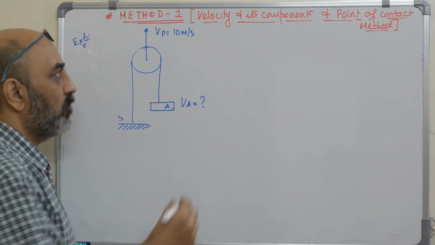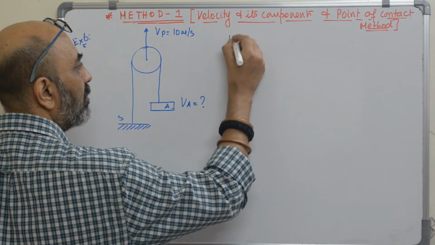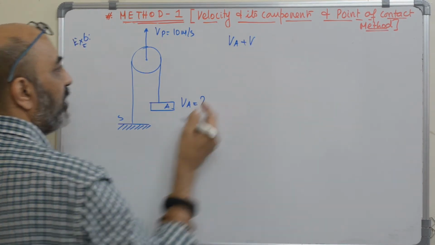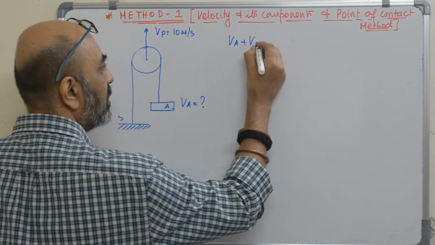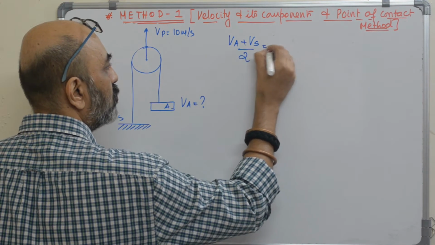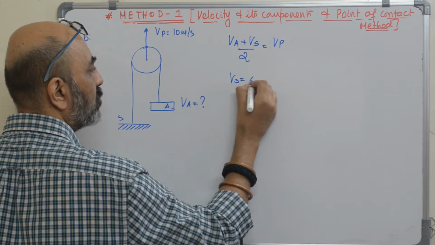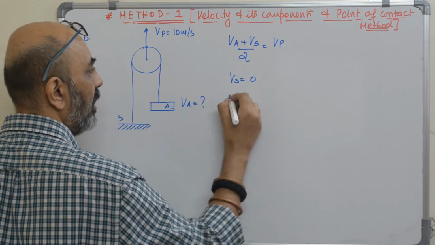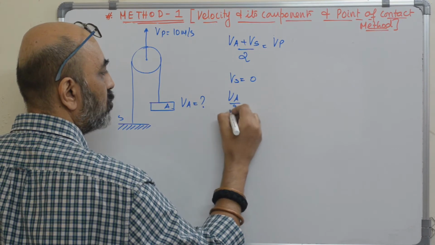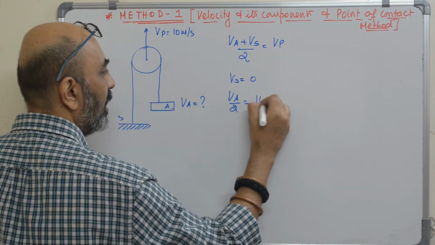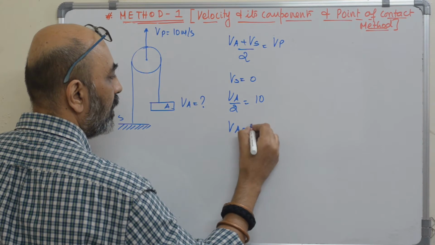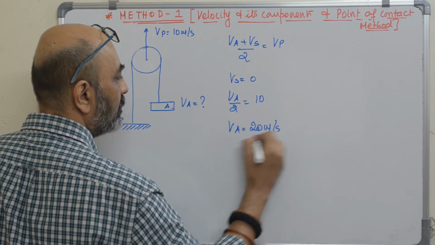Now here the pulley is moving, so we can write (VA + VS)/2 = VP, S for support. The velocity of a rigid support will be 0, so VA by 2 is VP, going up, so that is 10, so VA is 20 meter per second.